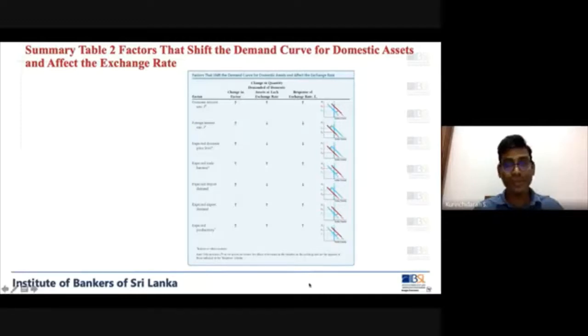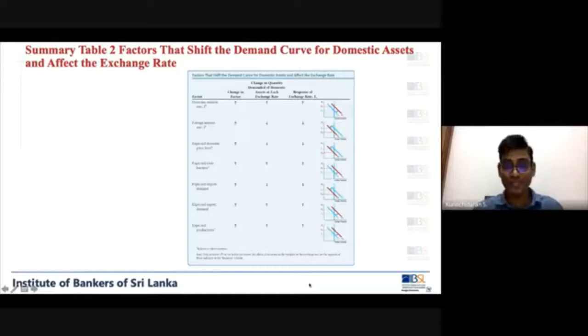So they will do the trade as soon as possible. Then they need the domestic assets or dollars to trade, so demand for the dollar will increase. When the demand for the dollar increases, the value of the dollar increases.